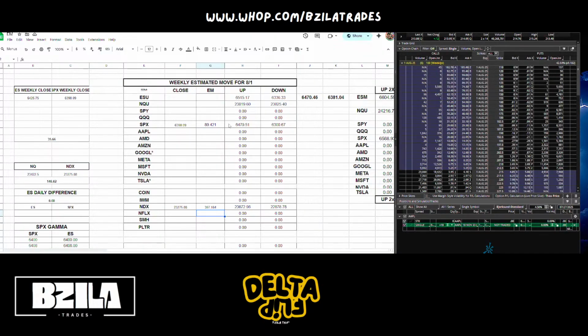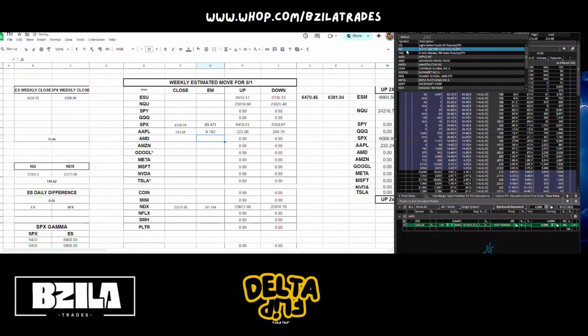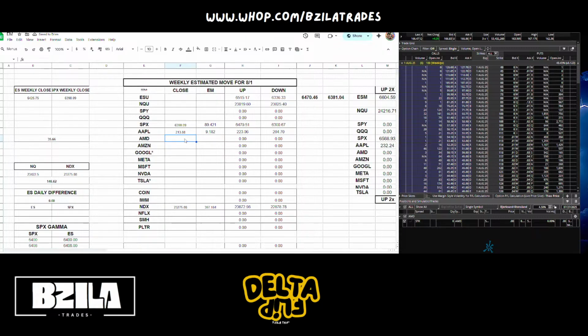It's earnings week, so it's very interesting. And then these, I used to go the same way, but with stocks, I don't really think it's going to matter that much. So I just go from right here, this last 213.88, and work down the list.